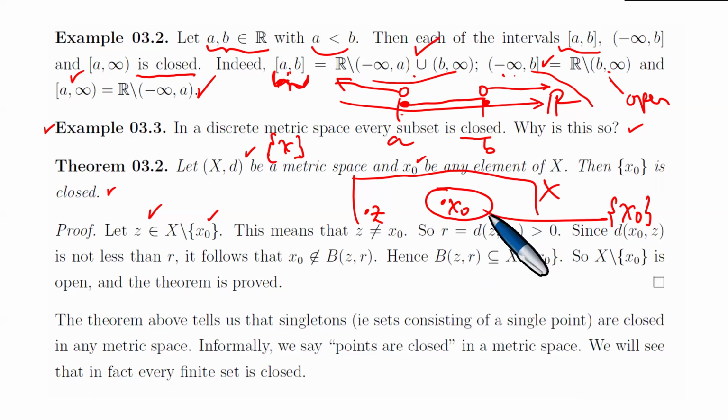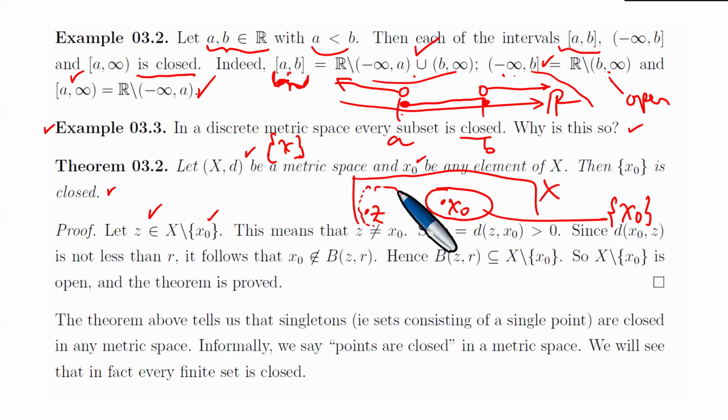Since the distance between X0 and Z is not less than R, it follows that X0 is not an element of the open ball of center Z and radius R.